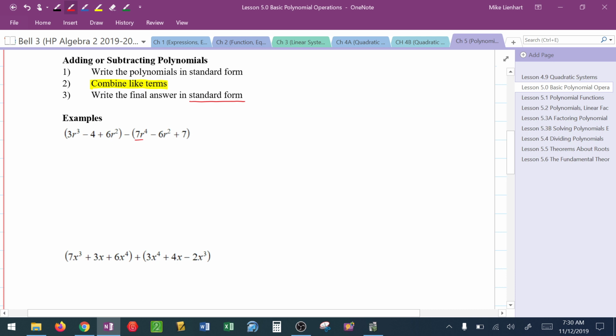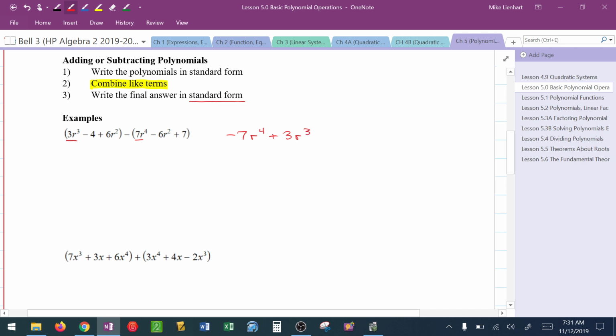I notice that this piece is the highest power, and I am subtracting 7r to the fourth. I'm going to write down negative 7r to the fourth. The next term going down will be r to the third. Well, I have one right there. It's a positive, so I'm going to write that as plus 3r to the third.